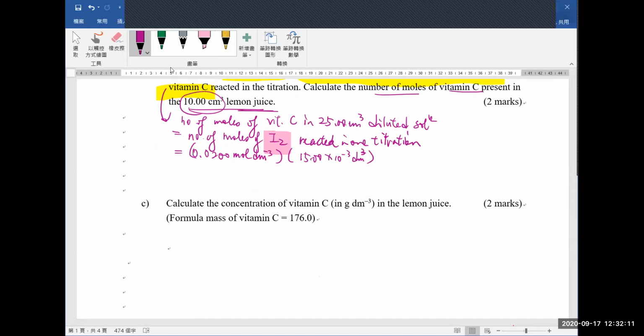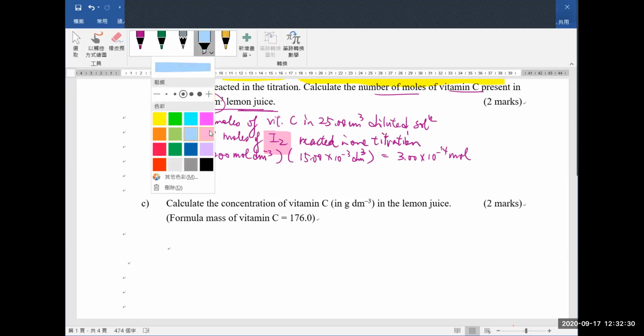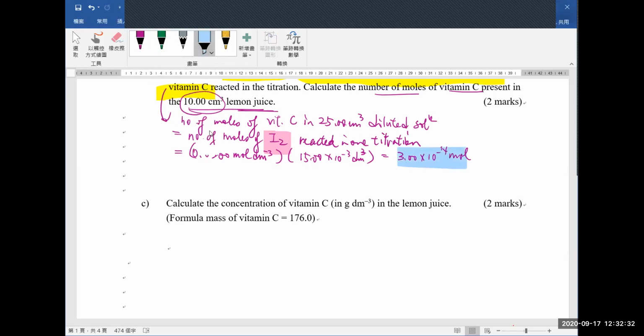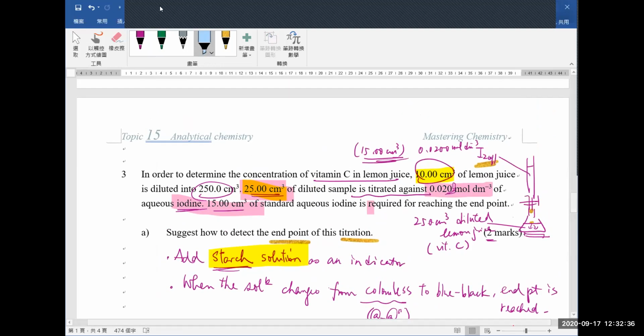So what we get is the number of moles of vitamin C, which is equal to 3.00 times 10 to the power minus 4. But remember, this is just the 1/10 portion, the 25.0 cm cube. Can you see that? It is just this.